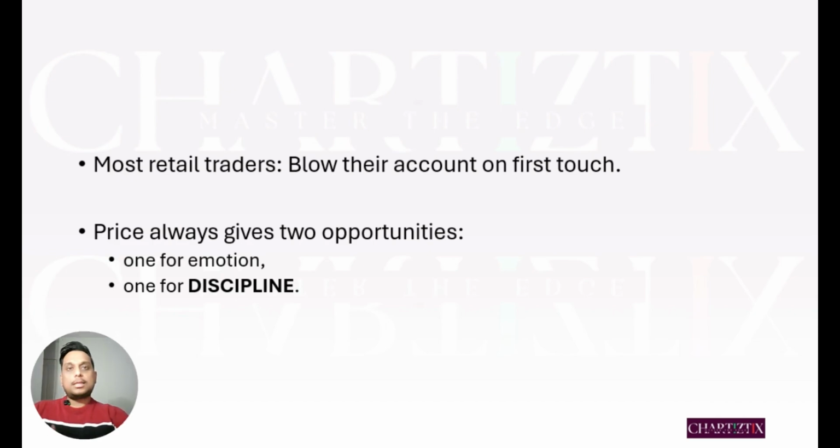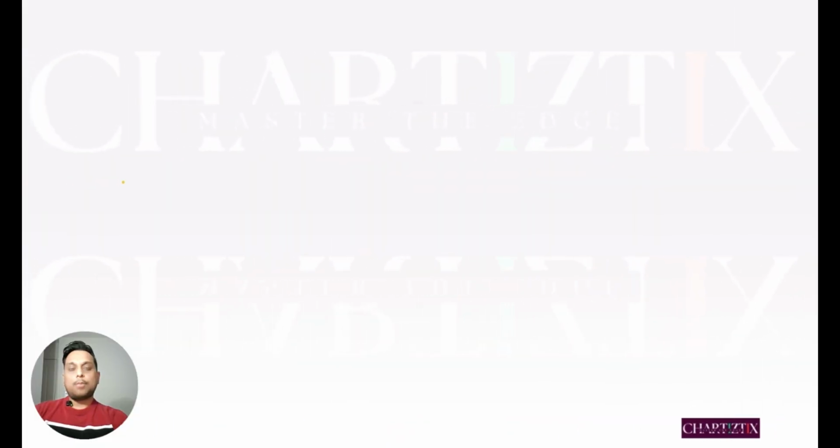So having all that said, remember, price gives you two opportunities, one for emotions and second one for discipline. So first important thing is to identify the market structure. Is the market forming higher high, higher low, or is the market forming lower high, lower low? Let's say, for example, we identify that the market is forming a higher low, higher high structure, and we see there is a break of structure.